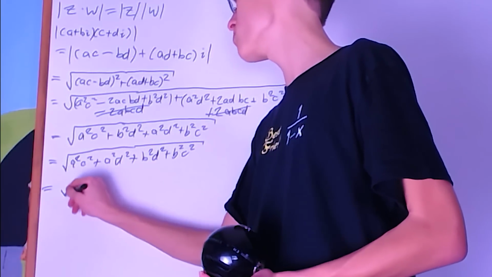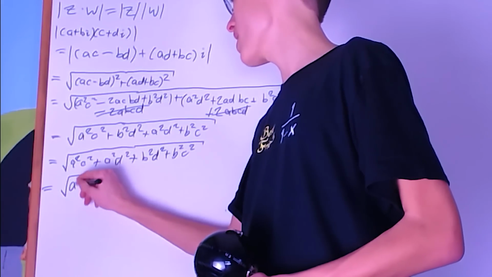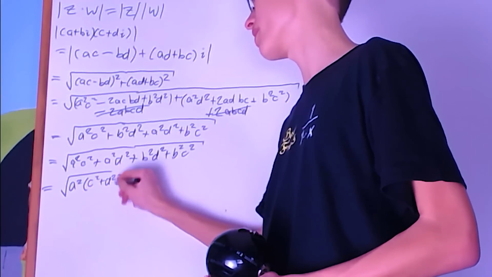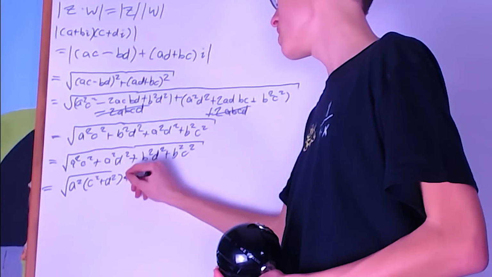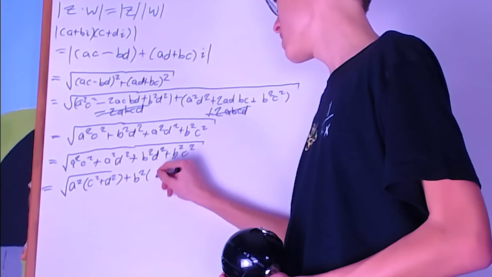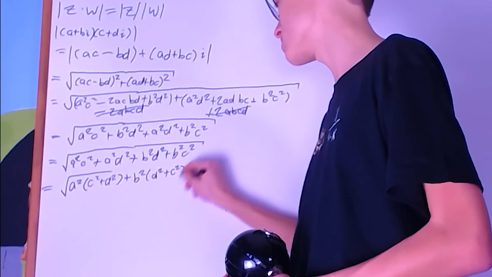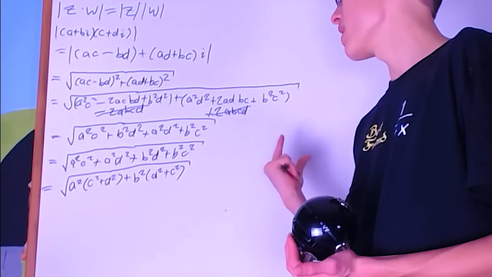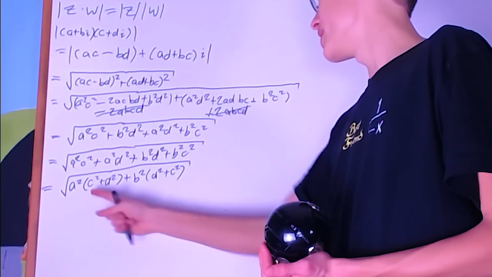And so I can group them. So right here I have a squared times (c squared plus d squared). That's just from grouping. And then plus b squared times (d squared plus c squared). So both of those were just grouped and factored so that it looks like this.